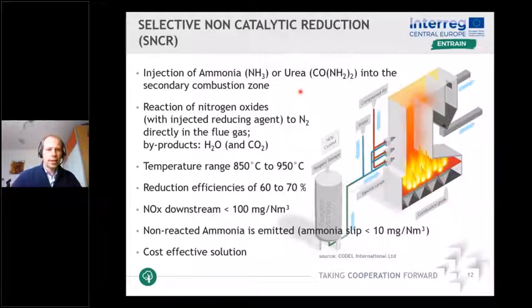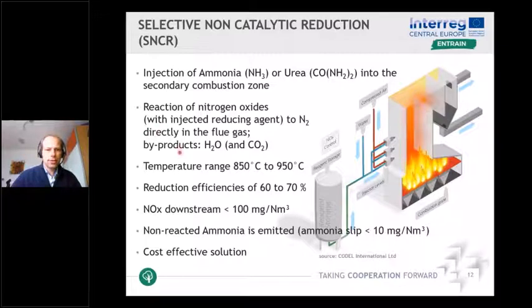This is done by injection of ammonia or urea in the secondary combustion zone, up here, above the grate in the burnout zone. These injected reducing agents then react with the nitrogen oxides in the flue gas to elemental nitrogen.